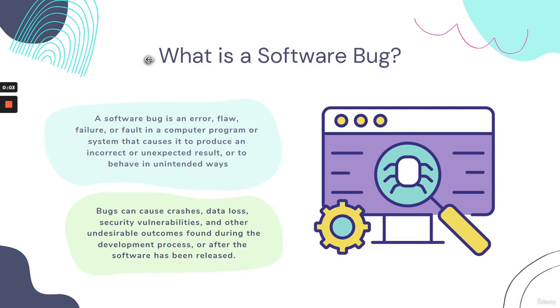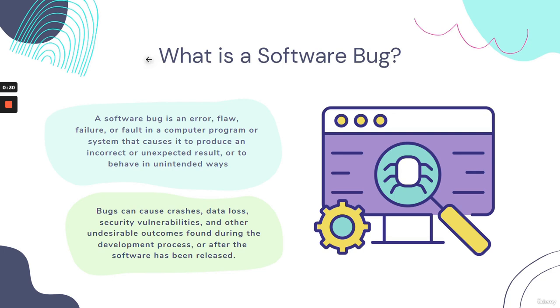What is a software bug? A software bug is an error, flaw, failure, or fault in a computer program or system that causes it to produce an incorrect or unexpected result, or behave in unintended ways.